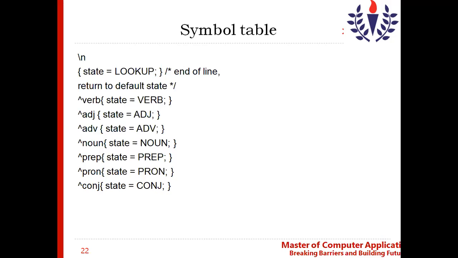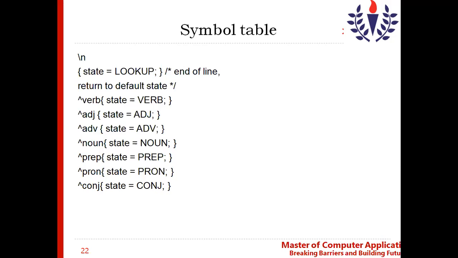When there is a new line, that is the end of the line, there is no more input, so it will go to the next line and start freshly, beginning with some other input. So here, when you have the new line, state will become 0.